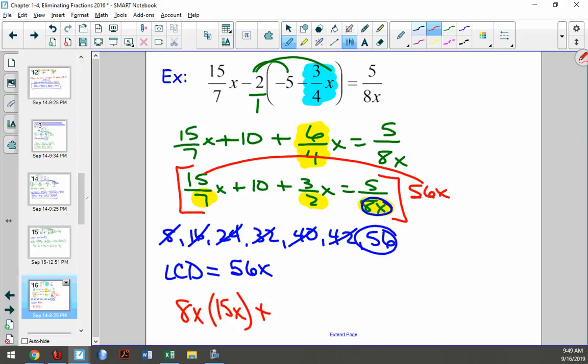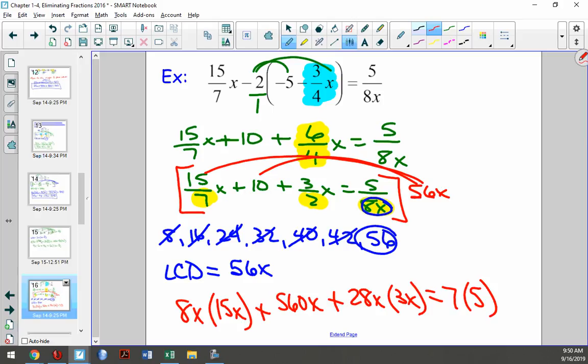Plus, this is not a fraction, so you multiply, so that's 560x. Plus 56 divided by 2, because it is a fraction, is going to be 28x times a 3x, because that x is actually in the numerator on both of those, is equal to 56x divided by 8x is going to be a 7, and I drop down the 5.